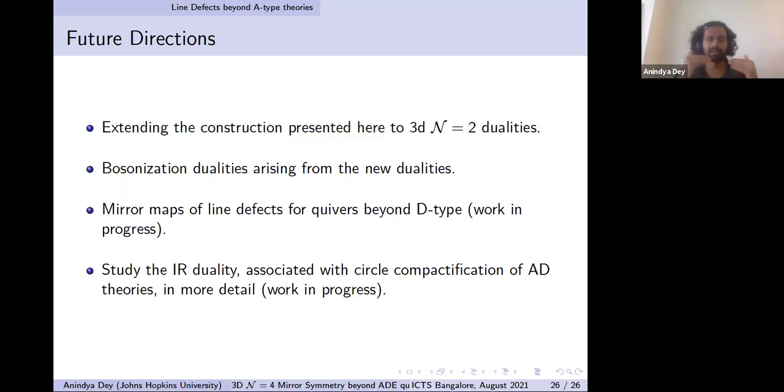There is the question of bosonization dualities that you can probably derive from these new dualities. So starting from these 3D N=4 dualities, you break the supersymmetry stepwise, first to N=2, and then to N=0. And possibly there is a larger zoo of bosonization dualities that could be studied in this fashion.